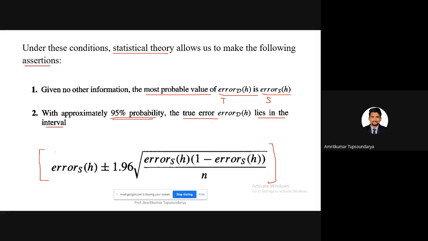Approximately 95% probability that the true error will lie in this interval: that is the sample error, error S of h, plus or minus 1.96 times the square root of the ratio of the sample error times the difference of the sample error from 1, divided by the number of training examples. This is the standard formula for saying that with approximately 95% probability, the true error lies in this particular interval.